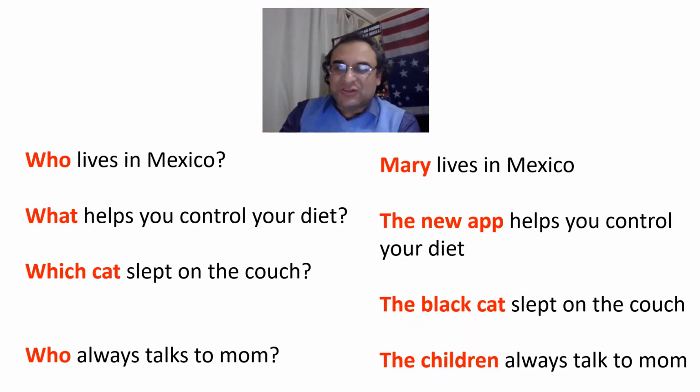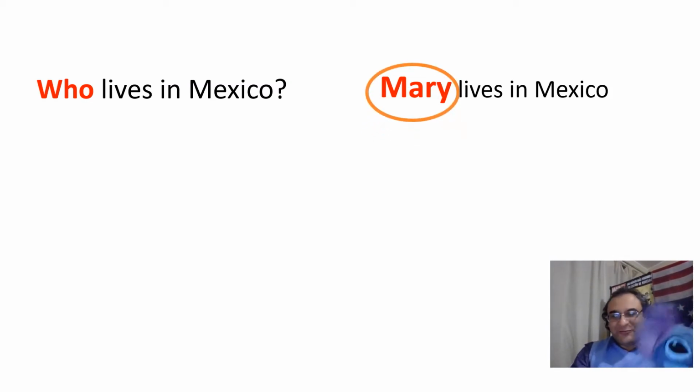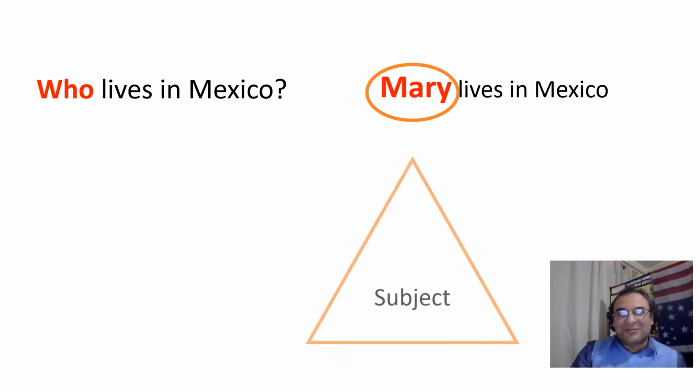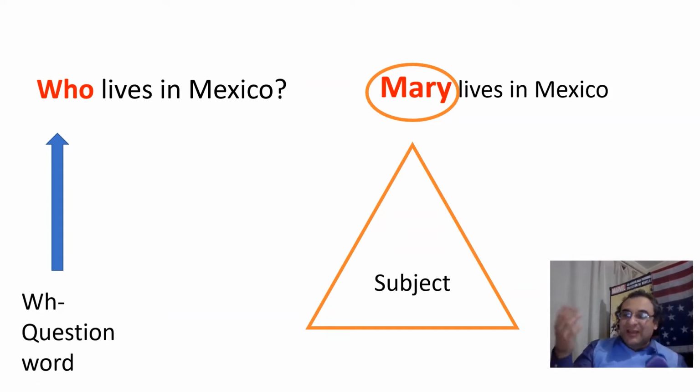And you have the questions about the subject. So once again, we identify the subject, and we just replace the subject, in this case Mary, with the question word, in this case who, and we have a question. Who lives in Mexico? Mary, right?